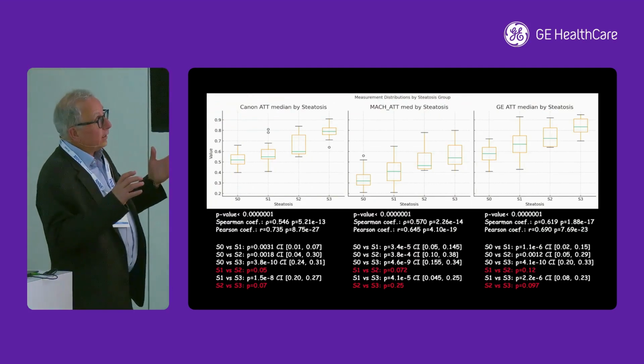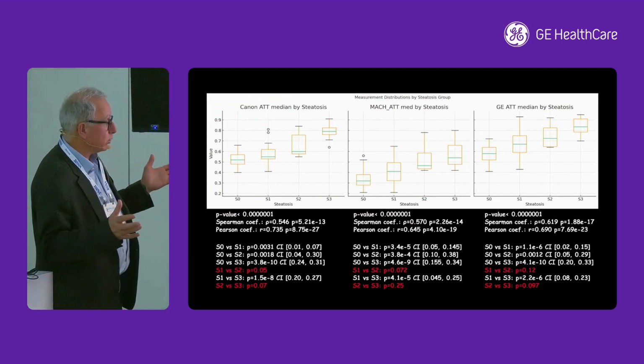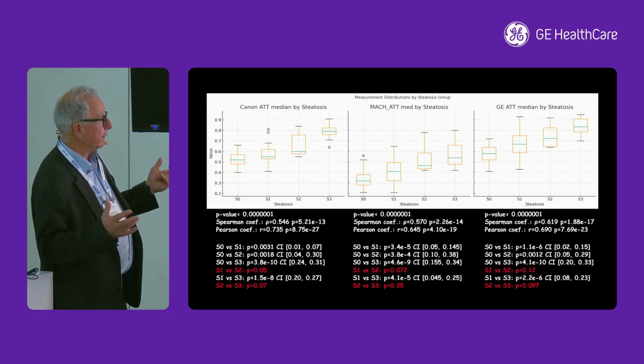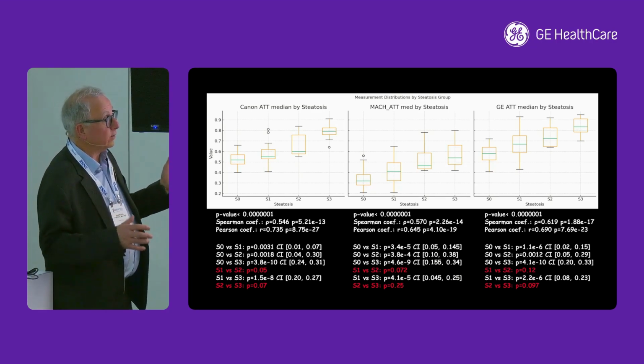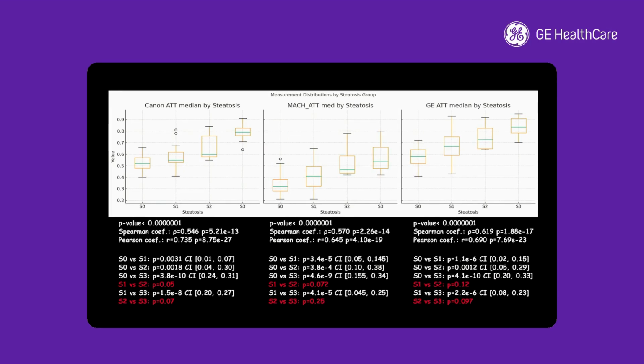Now we're looking at the steatosis measurements, and this is attenuation. First, you see that there are differences between systems. I mean, they're measuring the same attenuation, but the values are really different. You see that the Mach system, for example, had much lower values.